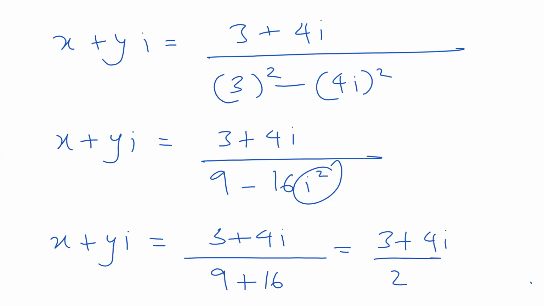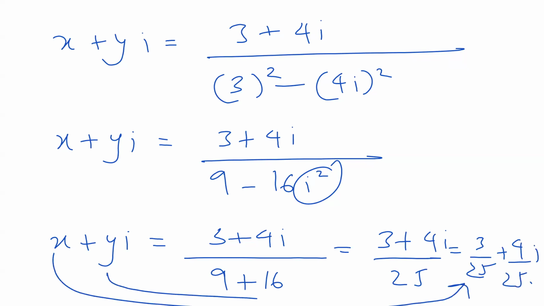So 3 plus 4i upon 25, that is 3 by 25 plus 4 by 25 i. So x is equal to 3 by 25, y is equal to 4 by 25. That is how we are supposed to solve this problem, by comparing the real and imaginary parts.